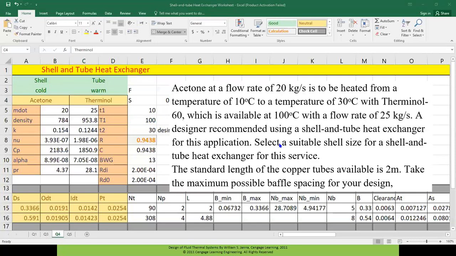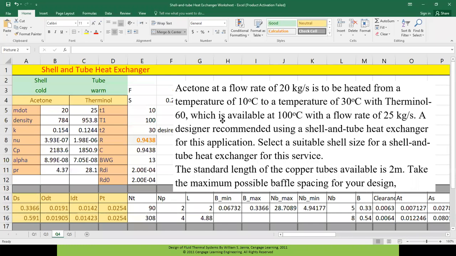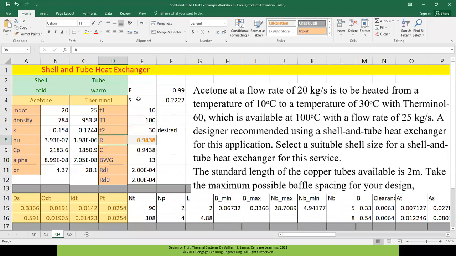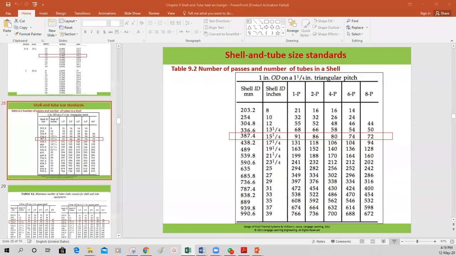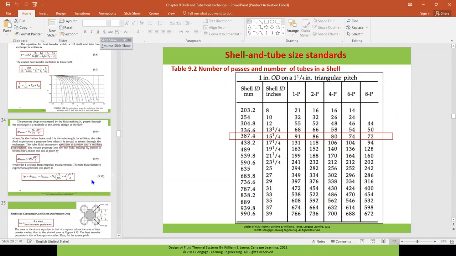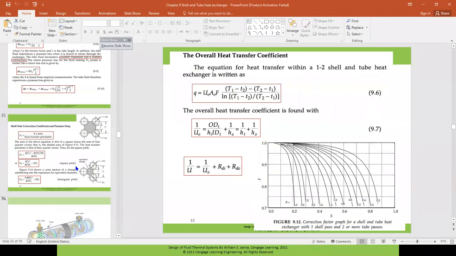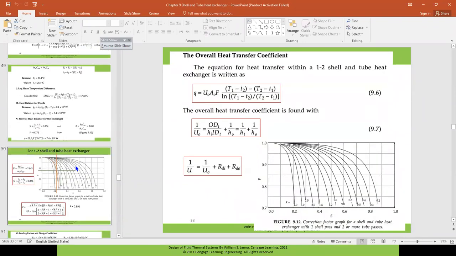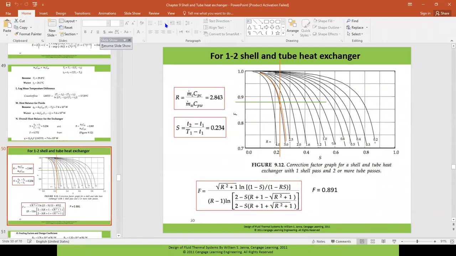Then after this, we calculated R, the capacity ratio, and S. We follow the formula for R and S. Where is that formula? I will show you. Yeah, here it is.